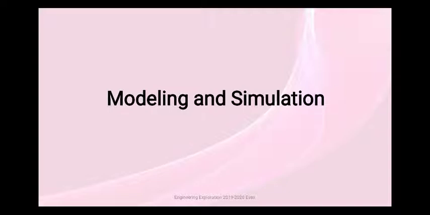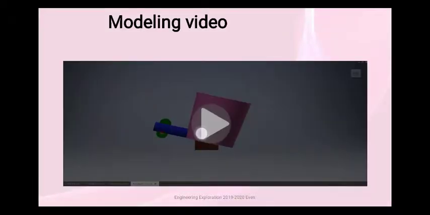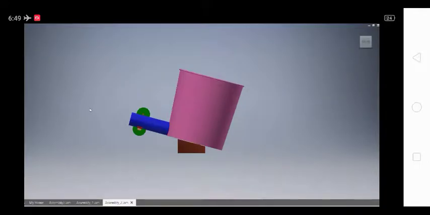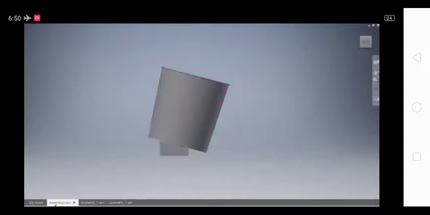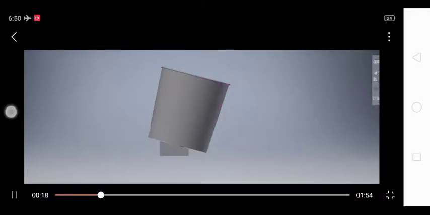Now the detailed explanation of our 3D modeling. This is the 3D model of ping pong ball launching machine. It has 2 subsystems. One is ball storing and handling part and another is ball launching part. This is subsystem 1.